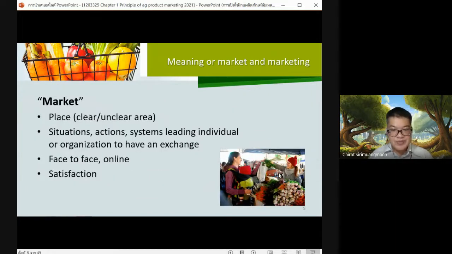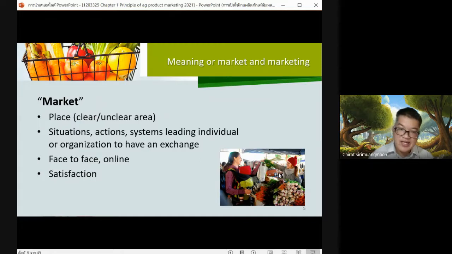So in conclusion, from the previous page, market can have many meanings, many definitions. But in conclusion, markets can be both clear or unclear areas. This means it can have a physical characteristic, like you can touch it, you can go there, or it can be imagined, like a virtual area. But the key point is that the market can be the situations, the actions, or the system that leads individuals or organizations to have some exchange.